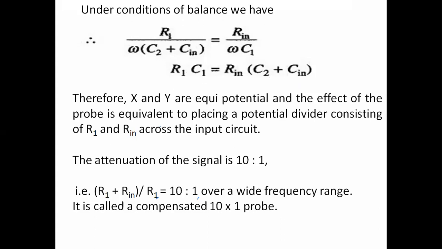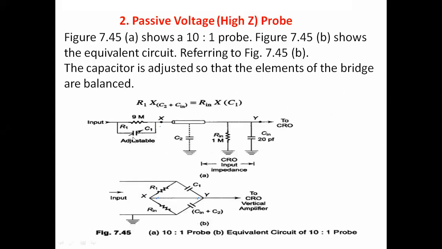As the capacitance of the probe increases, it also produces some frequency effects. To reduce those frequency effects, we have to reduce the inbuilt capacitance present in the leads. To reduce that, we connect some external resistance and capacitance.